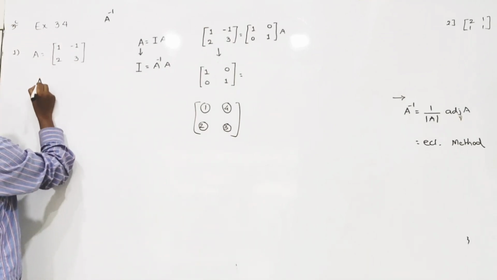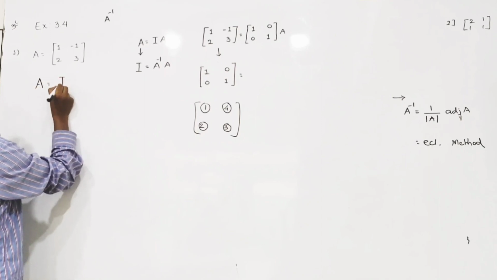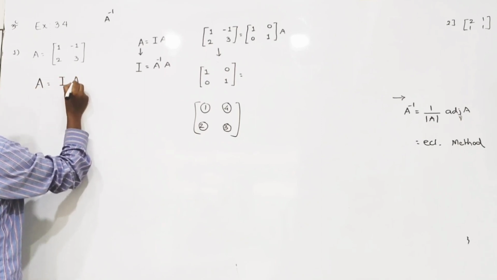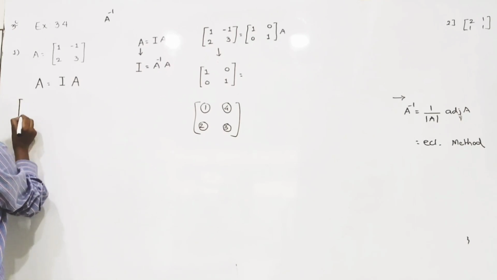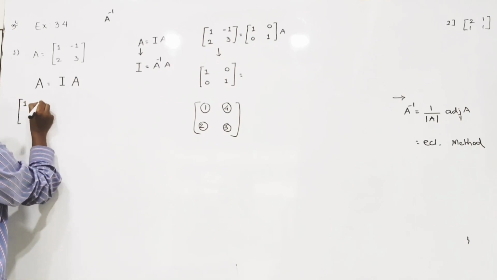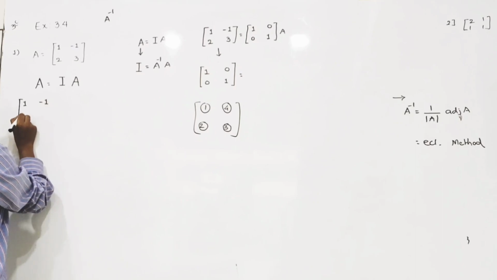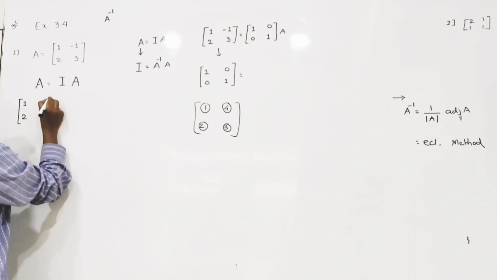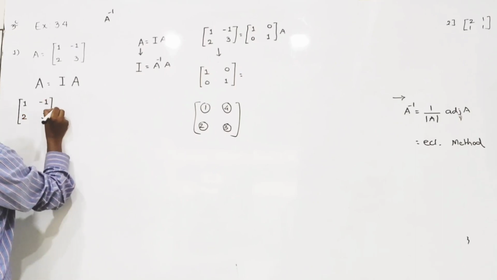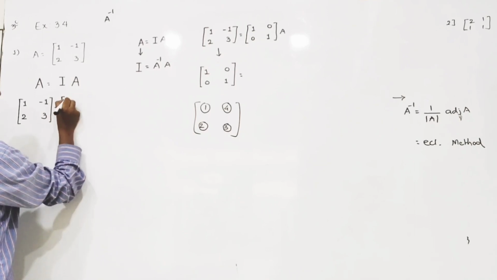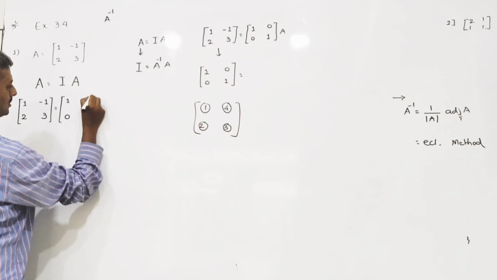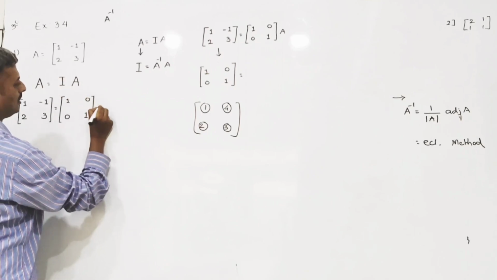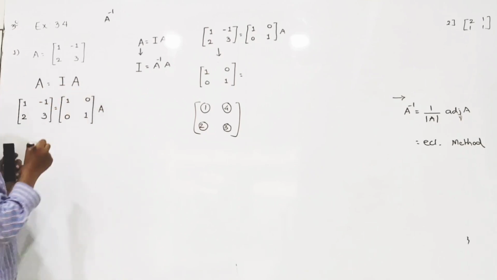First, A is equal to I into A. So [1, 2; -1, 3] is equal to [1, 0; 0, 1], and A I am writing as it is.